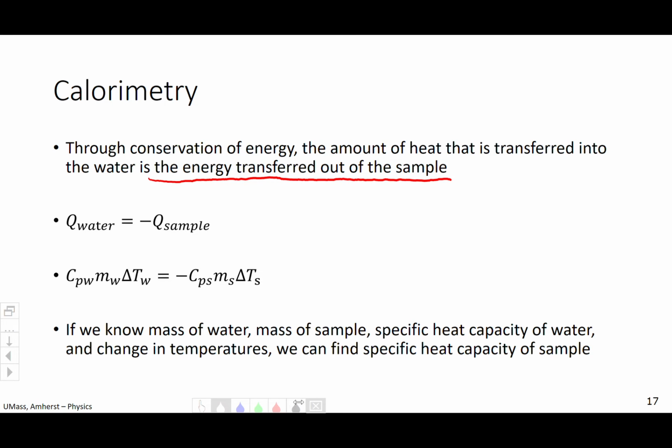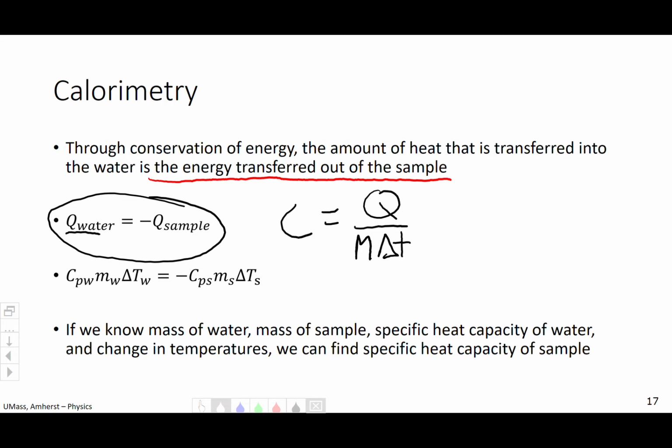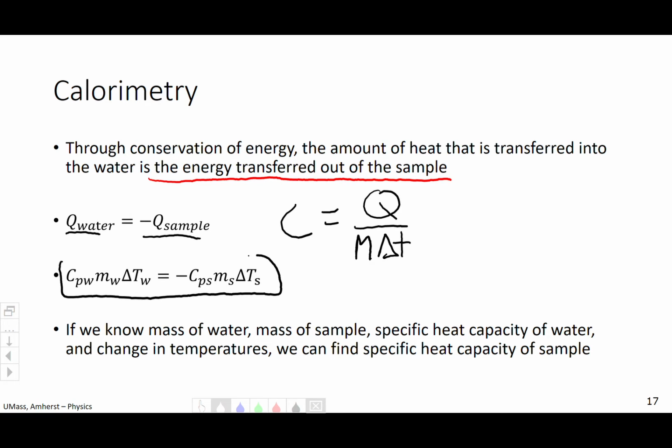So if we start with C equals Q over m delta T, and we set Q equal to Q, where this is heat and this is heat, so energy is energy, our transfer of energy out of one must equal the transfer of energy into the other, then we end up with this formula right here.